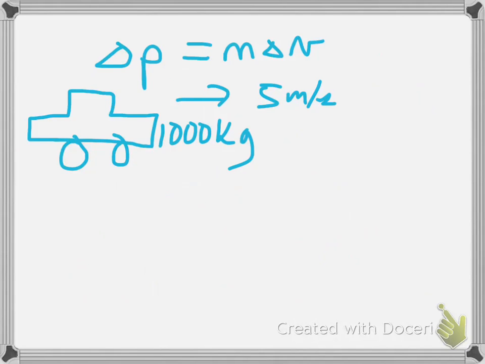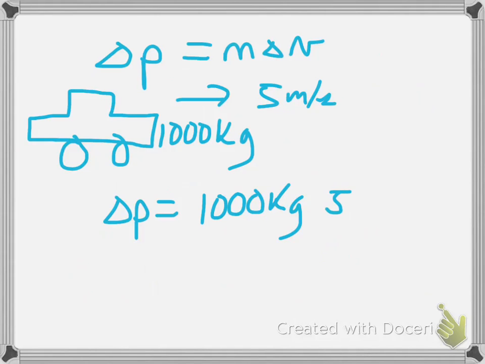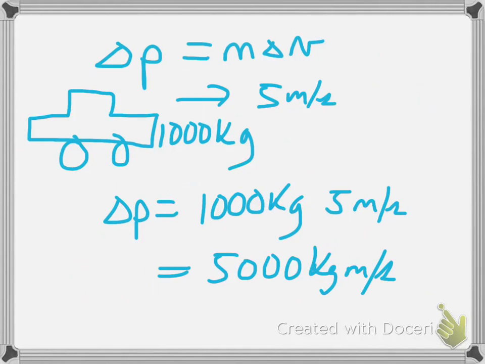First of all, its mass is 1,000 kilograms. And if it's starting from rest, then its change in velocity is final minus initial, so it'll be 5 meters per second, what it ends up at, minus the initial, which is 0. So its change in velocity is simply 5 meters per second. That comes out to be 5,000 kilograms meters per second. Nice and easy.